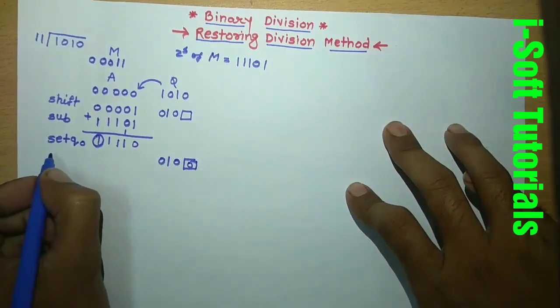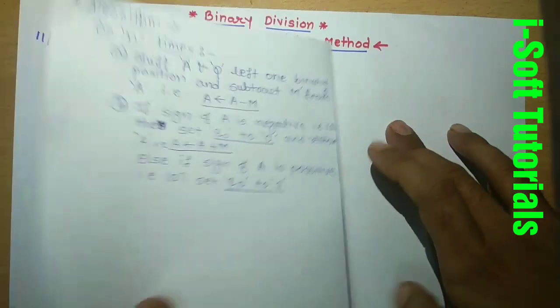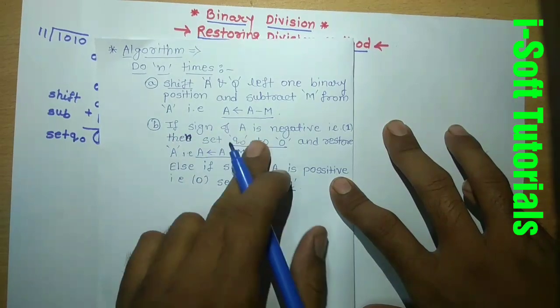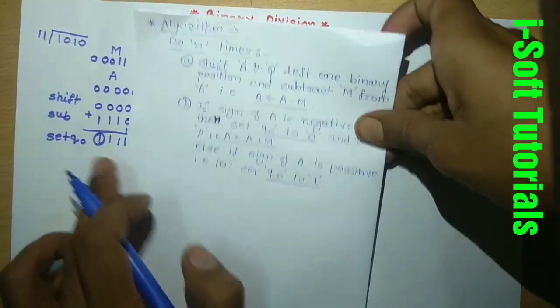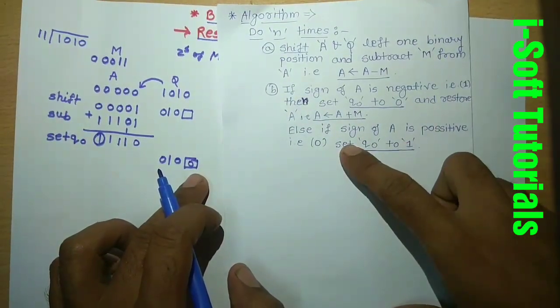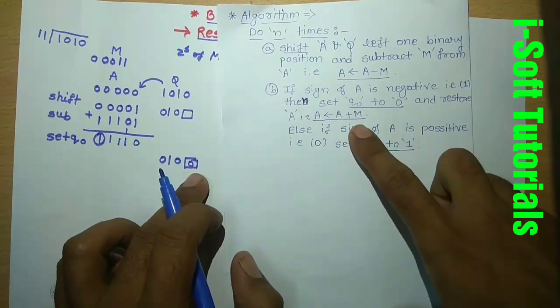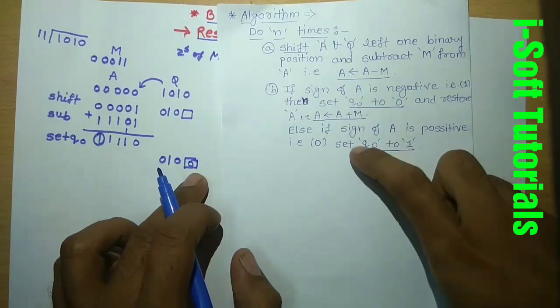Then we also have to perform one more step in the algorithm. As per the algorithm, if the sign of A is negative, here we got the sign of A as negative, so we set Q0 to 0 and restore A, that is, we perform A plus m. A minus m plus m equals A. We are restoring back to the previous result of A.